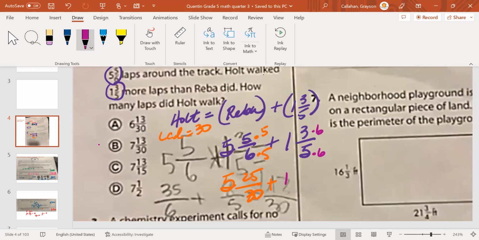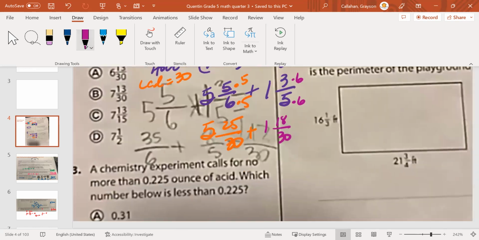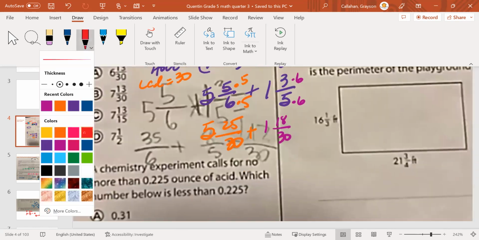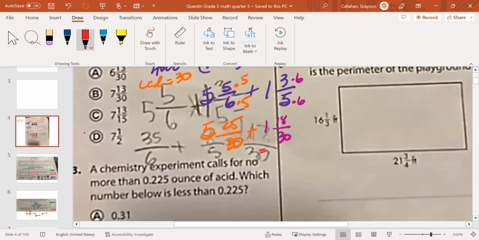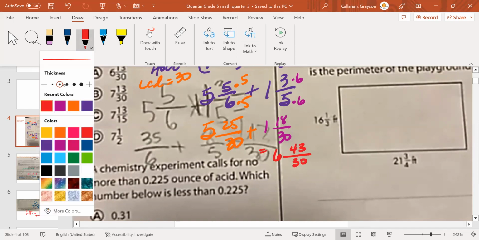Okay, so then I have 1 18/30. Now that I have both of these, let's combine them, which is going to give me 6, right? 25 and 18 is going to give me 43/30, right? Do you see how in this situation, the numerator is bigger than the denominator?